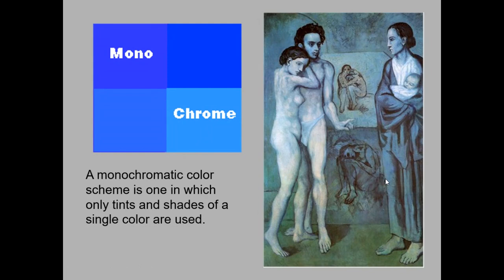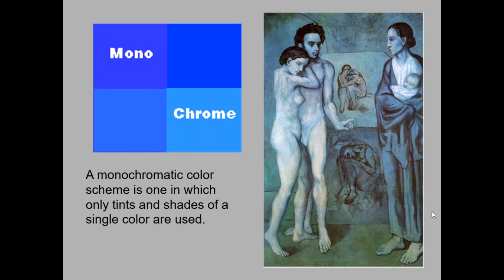I refer to this as monochromatic. Mono meaning one, chroma meaning color, monochrome, single color. We can also talk about some color schemes being polychromatic, lots of colors, but monochromatic is one of the color schemes to be able to recognize.